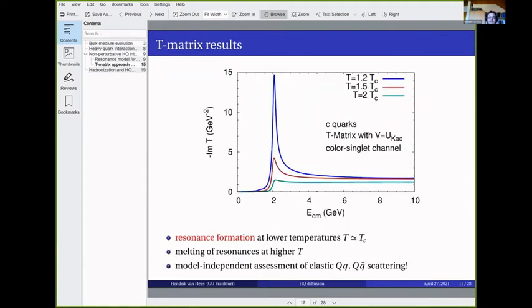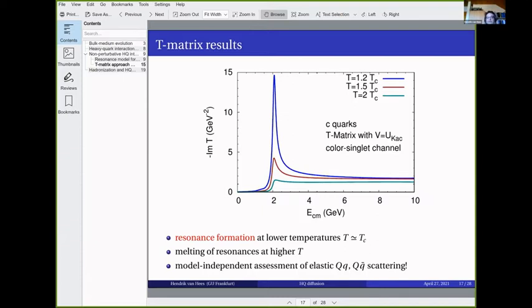And then you calculate this T matrix, and there you see the nice feature is that at higher temperatures there is nearly a continuum, so it becomes very broad, and then these resonances form. If you go towards TC, it's a bit like a Feshbach resonance.